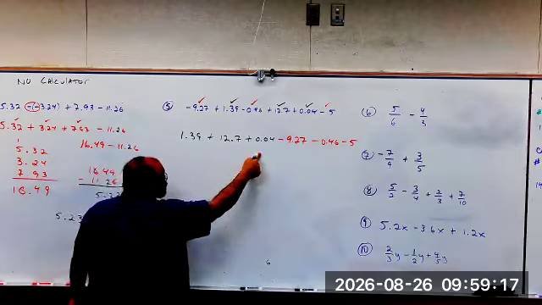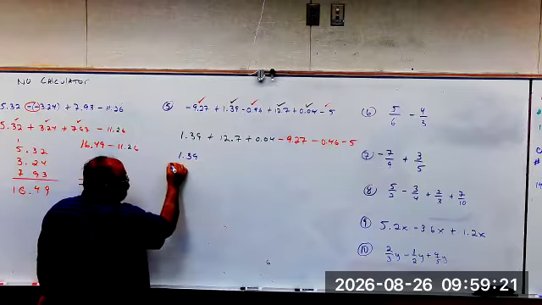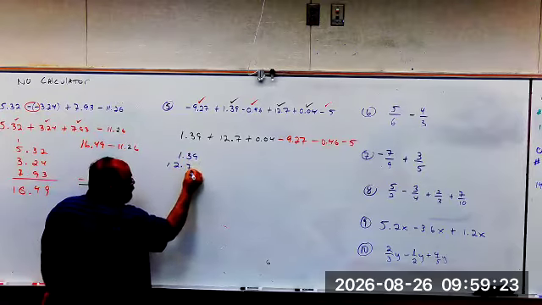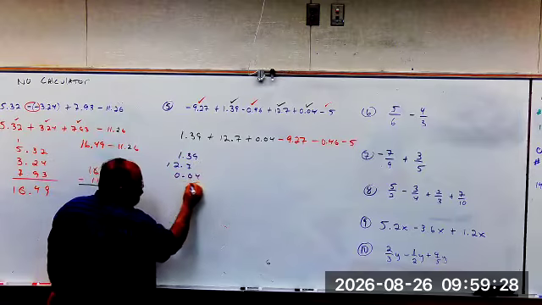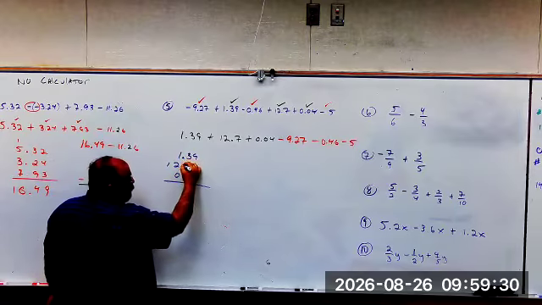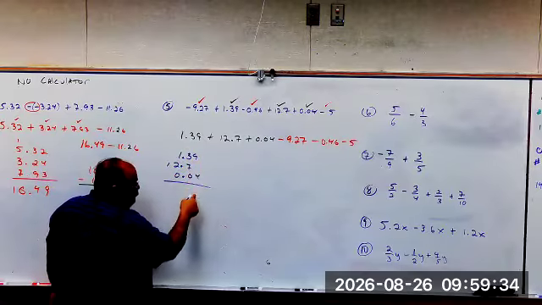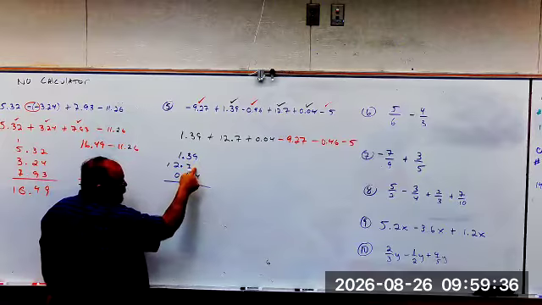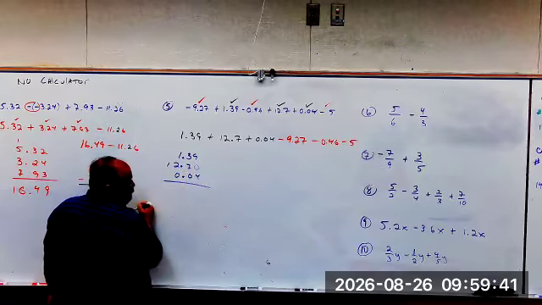So these three positives, 1.39 and 12.7 and 0.04, make sure the decimal lines up so your tenths line up and your hundredths line up. What is missing right here? You have 0 in the hundredth place.